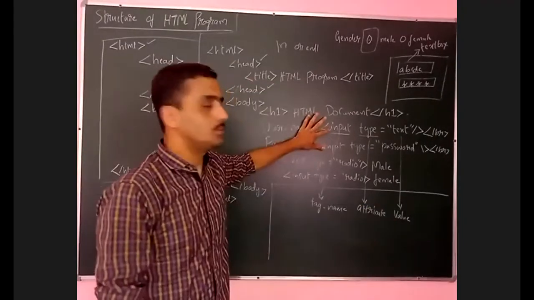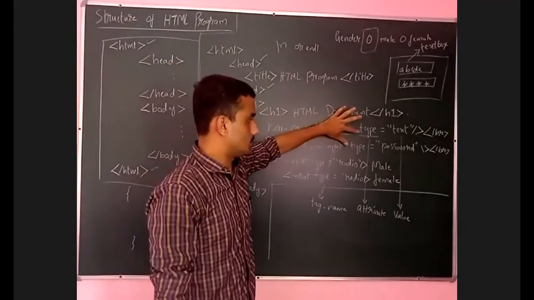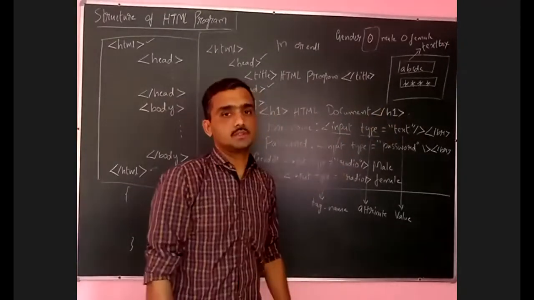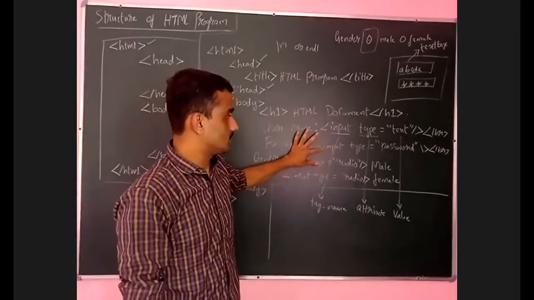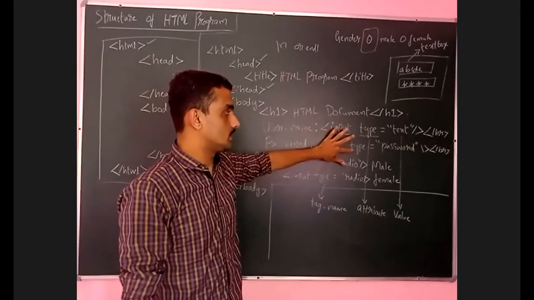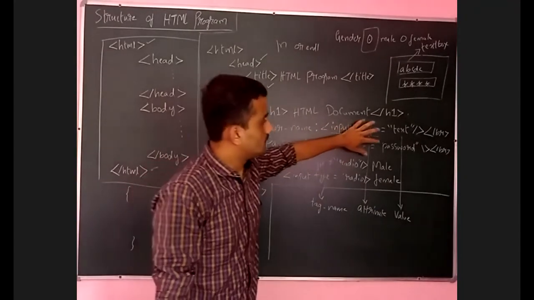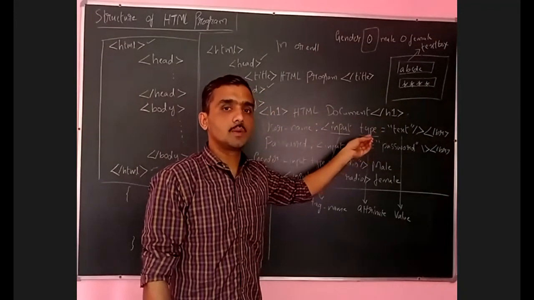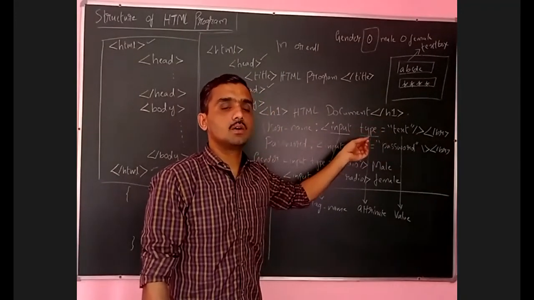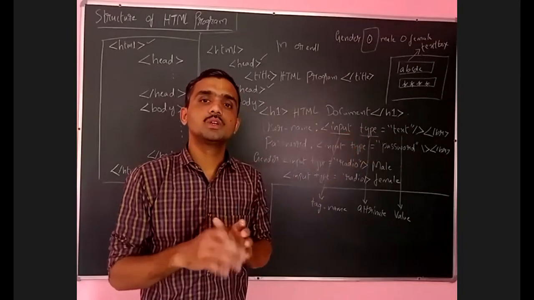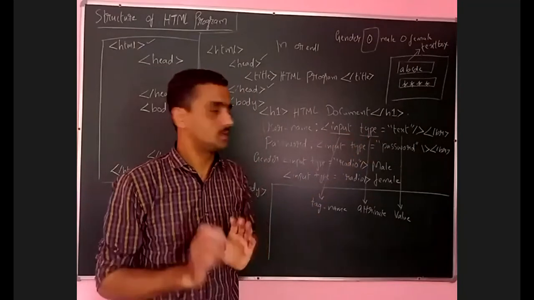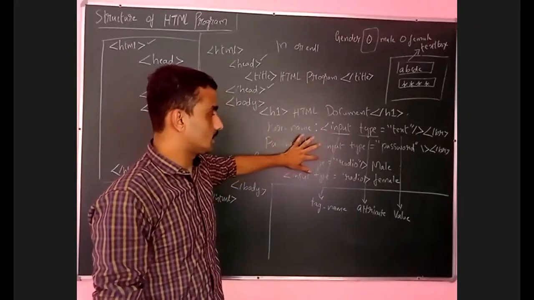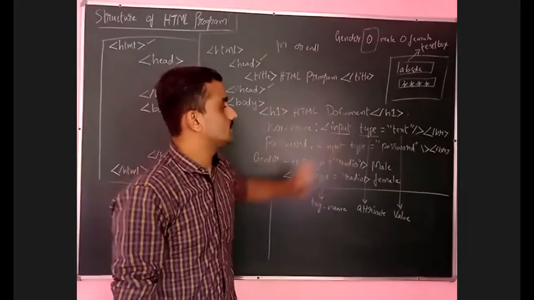So the tag name is input, the attribute is type, the value is text. What happens? A text box will appear. Tag name is input, attribute is type, value is password. A text box will appear, but if you type on that, it will appear as stars or dots. That means the characters you type will not be shown. That is the meaning of password. Tag name is input, attribute is type, value is radio.